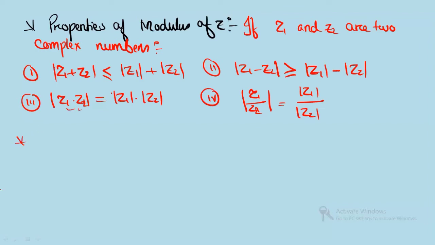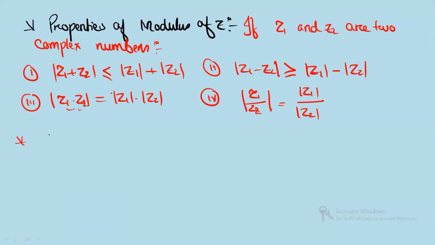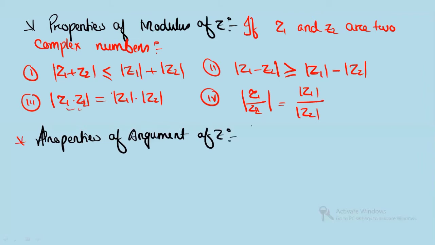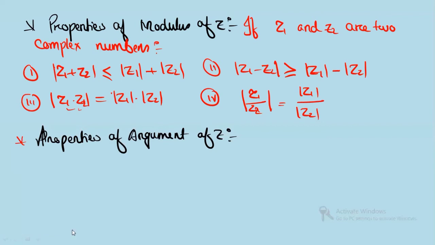Next we will see the argument of z. You have already seen this in your intermediate levels, right? How you can write the properties of argument of z. Before going into the properties, I'd like to say that the properties of argument of z are similar to those of logarithm.